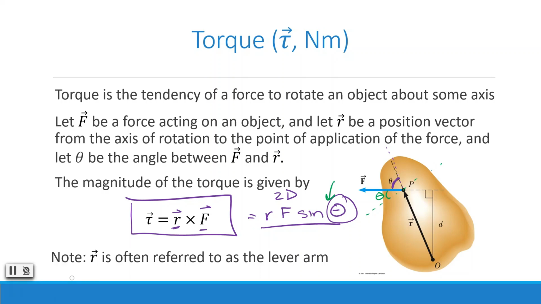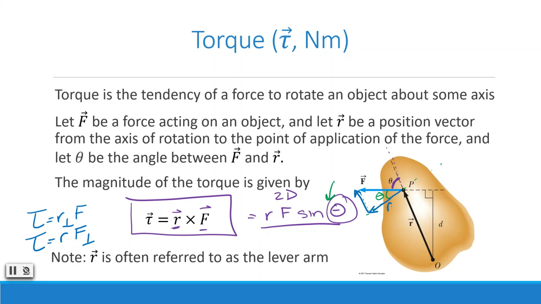A better way to think about the cross product is you take torque as either the perpendicular component of F, or R times the component of the force that's perpendicular to R. So I would take this force and break it up into 2 components.